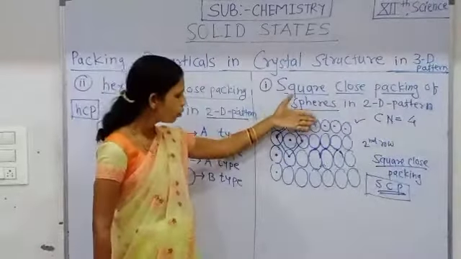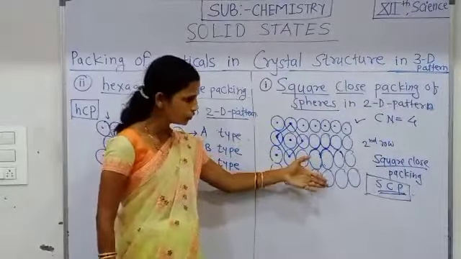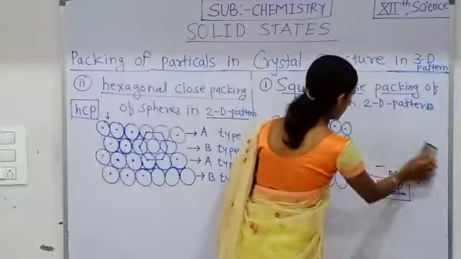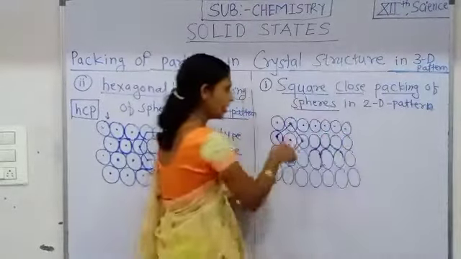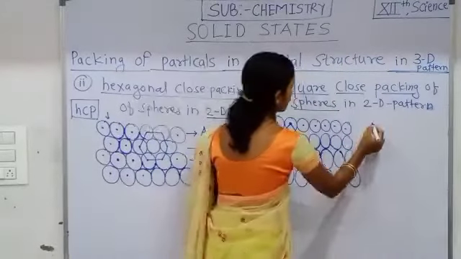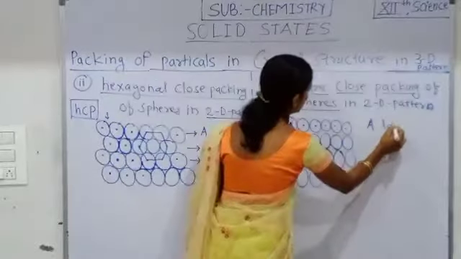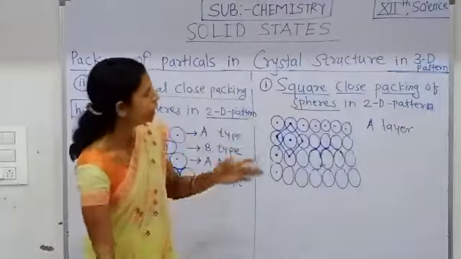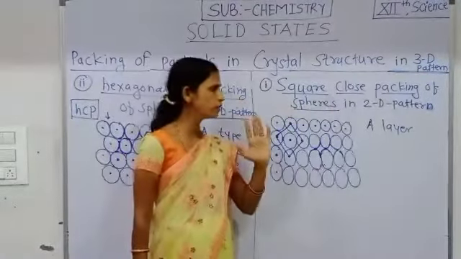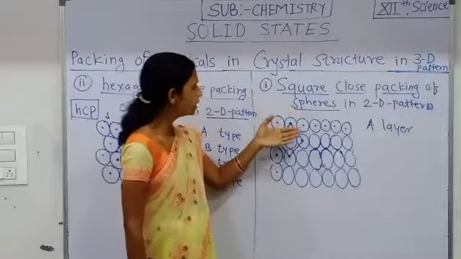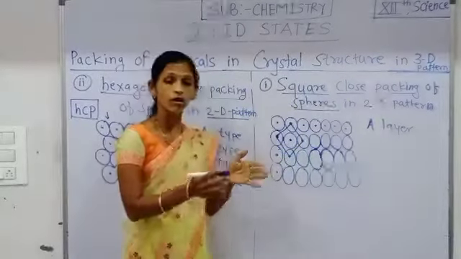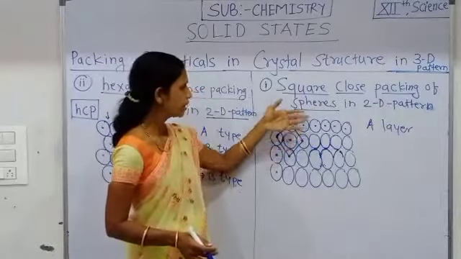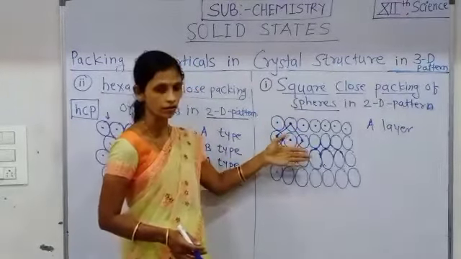That is the only one type of layer, and it is called an A type of layer. Here the first layer is there. There is only one way to arrange all the layers in a 3D pattern.